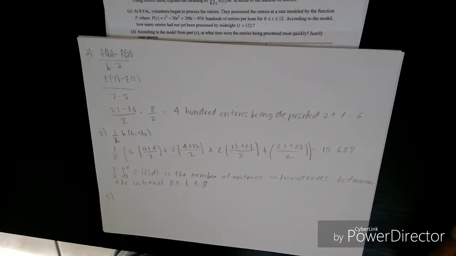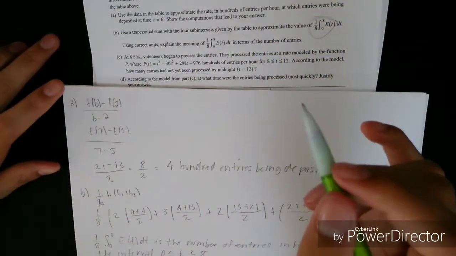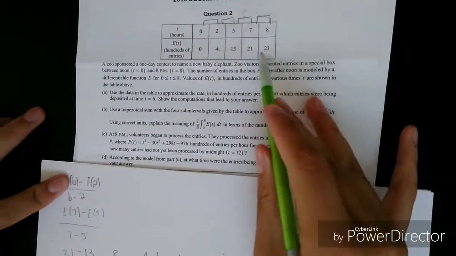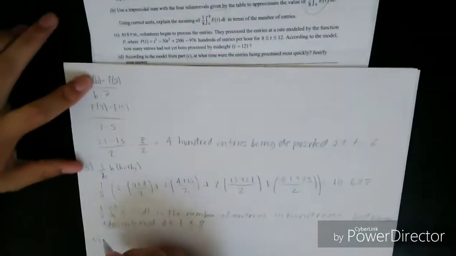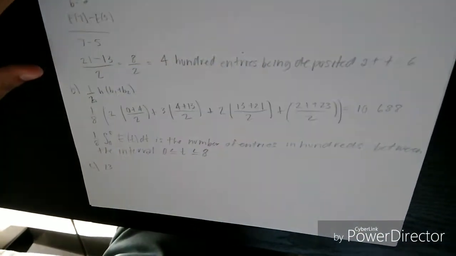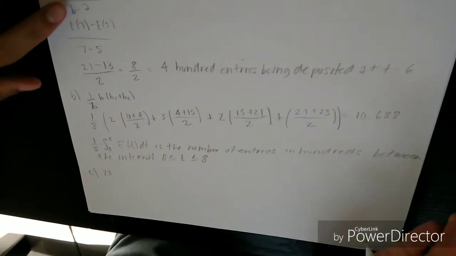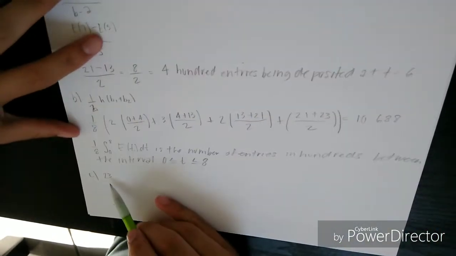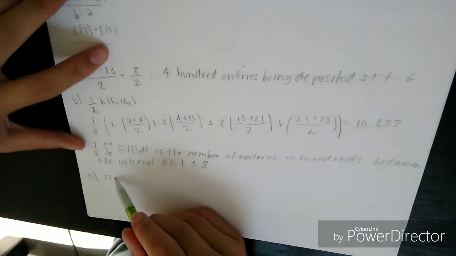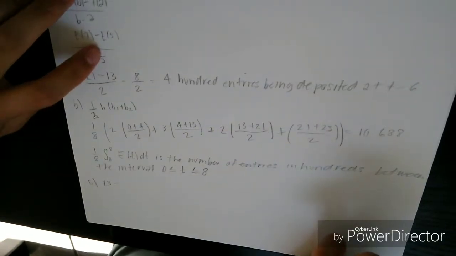So for this problem, we want to figure out how many entries have not been processed. By looking at the chart, we know that the total amount of entries is 23. To figure out the amount that have not been processed, we need to figure out the amount that were processed and the total amount and subtract them. So we know our total amount is 23. Now for our total amount being processed, we need to find the area.